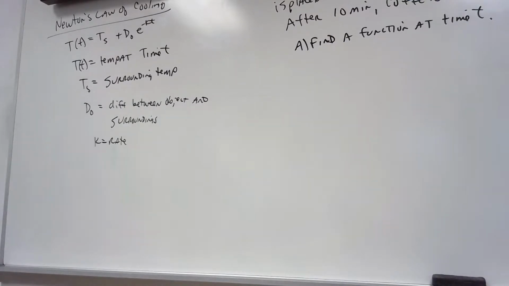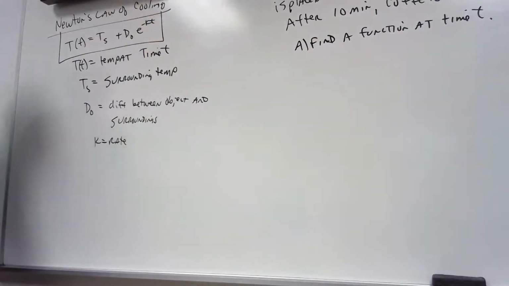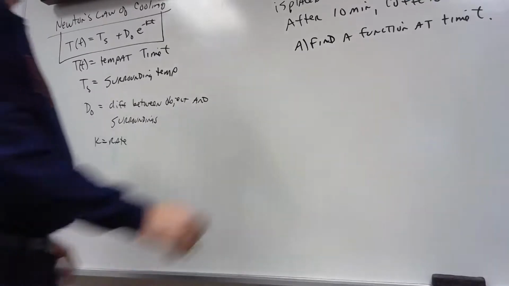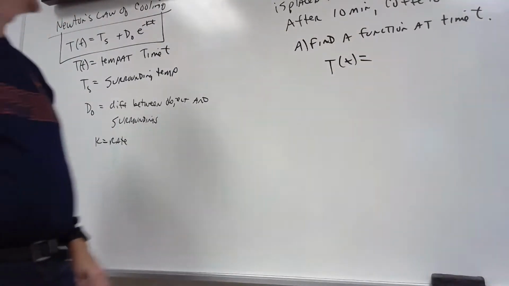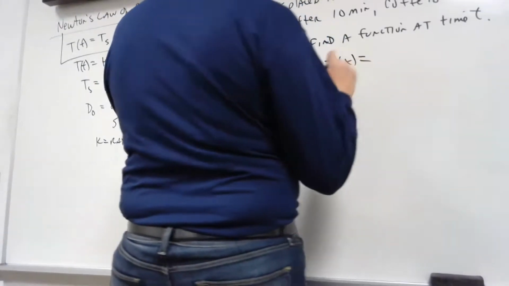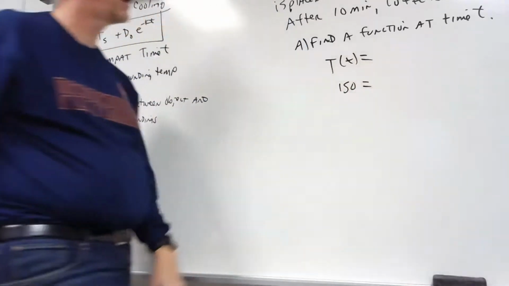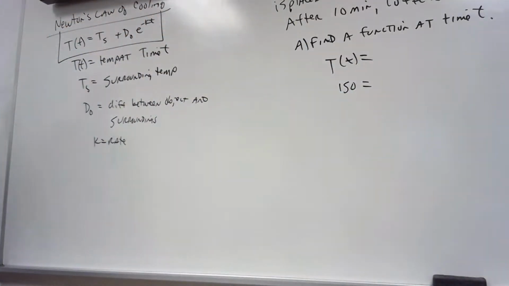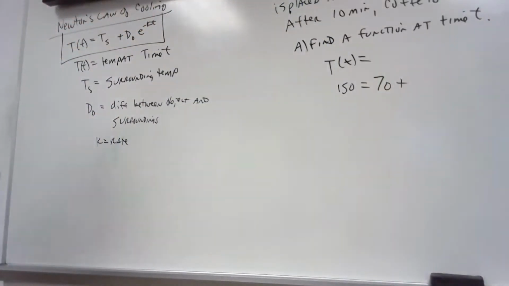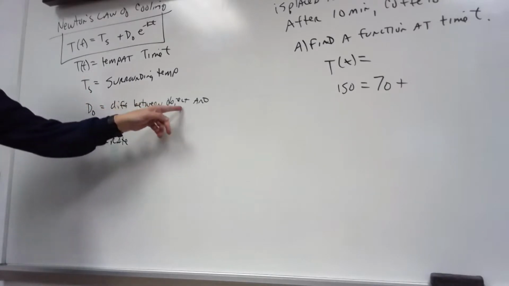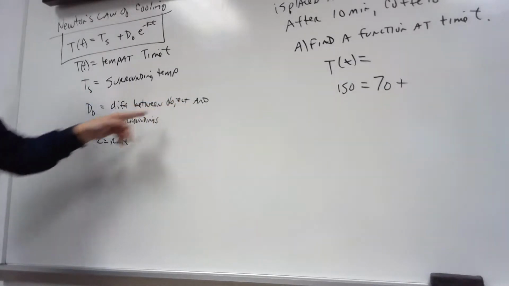If we're using this nice little formula here. Right. So T of t, so would it be 150 is equal to the current temperature, 150 degrees equals the surrounding temperature, so 70 degrees plus the difference between the object, in this case the coffee, and the surroundings.